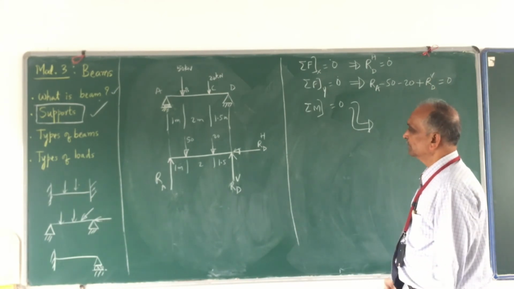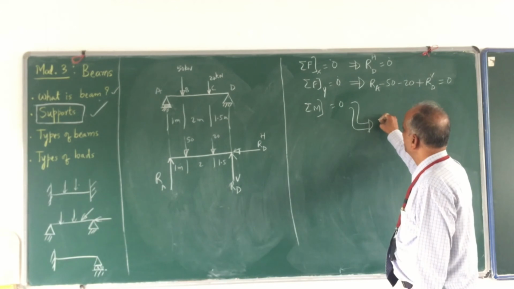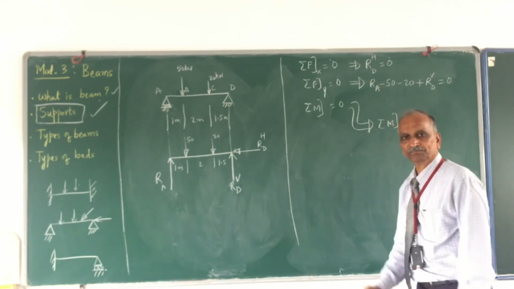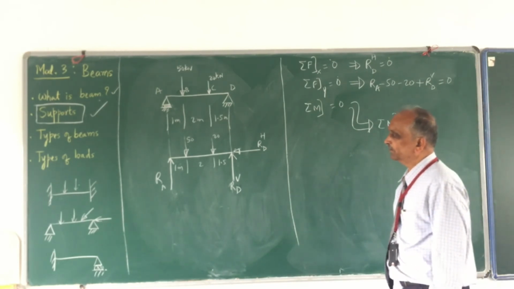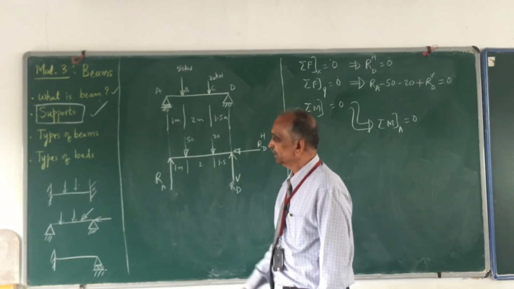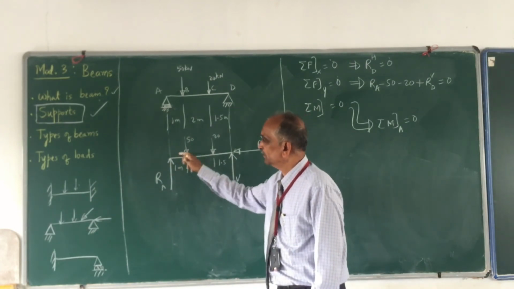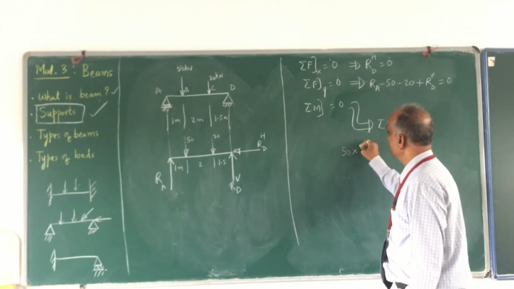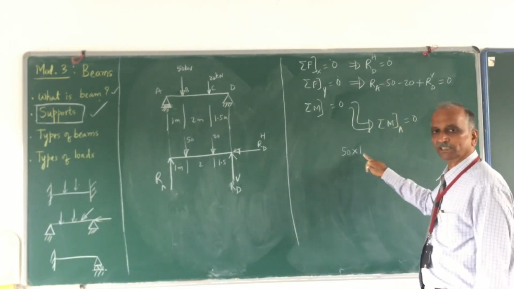Now I take moment about any one of them. So I take sigma M about A equal to 0. Let me take the moment due to all the forces about point A equal to 0. So 50 multiplied by 1. I start with the 50 kilonewton and write it as plus 50 into 1.